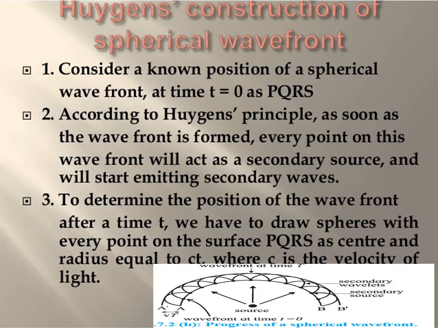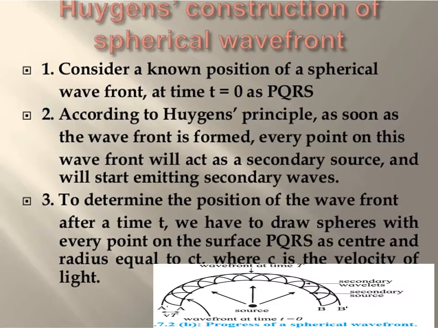Look at here in this figure. The primary source emits the primary wavefront. Each point on this primary wavefront acts as a secondary source of light, and this secondary source emits the secondary wavelets in all directions, traveling with the speed of light.